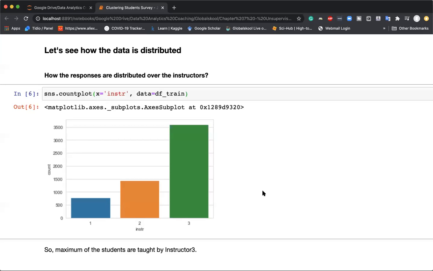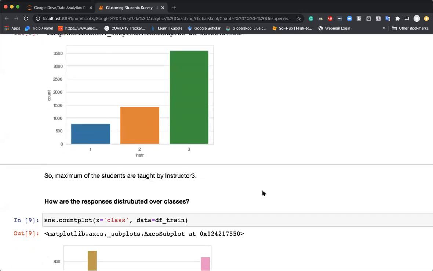Or we could have, out of the 13 subjects, instructor 3 takes many subjects, and instructor 1 and instructor 2 take fewer subjects. Those could also be possible explanations of why we have more data points for instructor 3 and fewer for instructor 2 and instructor 1. Nonetheless, let's keep this in mind.